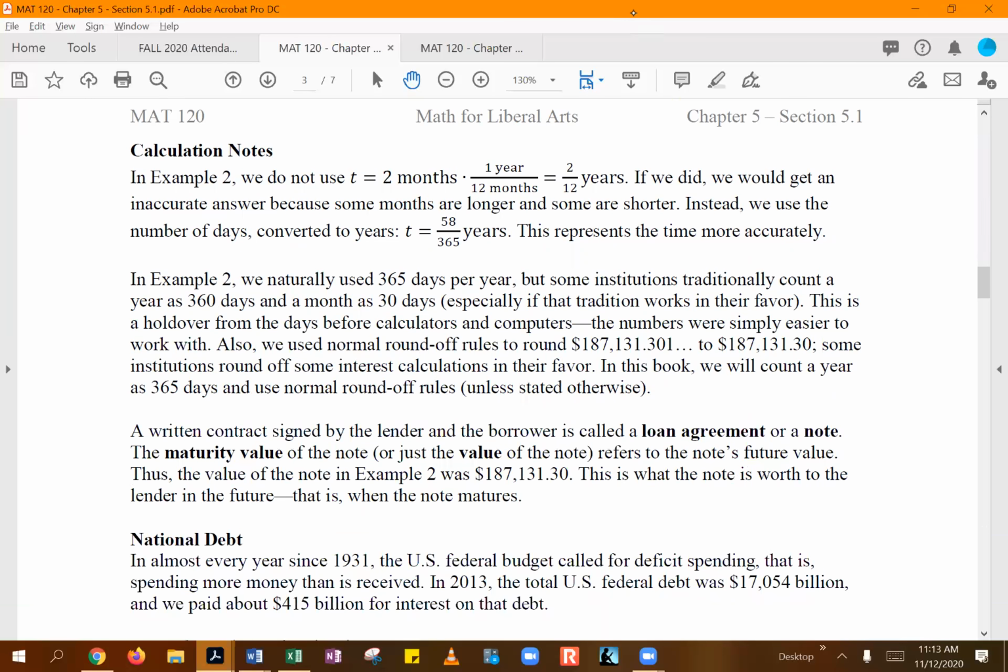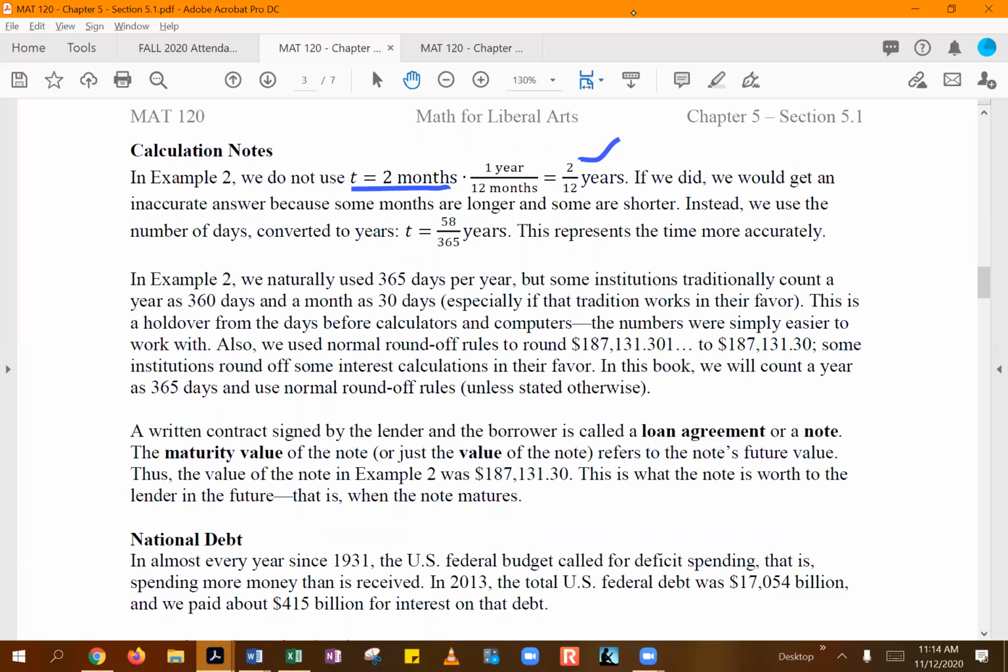Okay, so here they're talking about the reason why we do not use 2 months, where you end up getting 2 months divided by 12 months. So 2 divided by 12 gives you years, because they're talking about if we did, we would get an inaccurate answer, because obviously some months have 31 days, some have only 30 days.